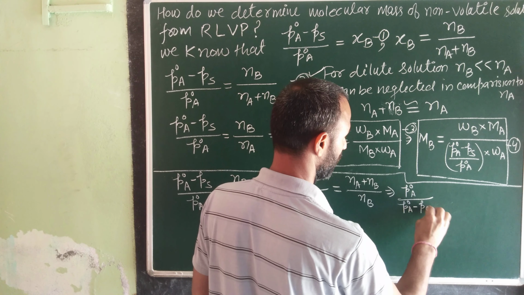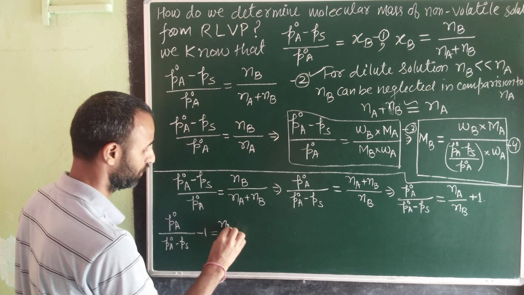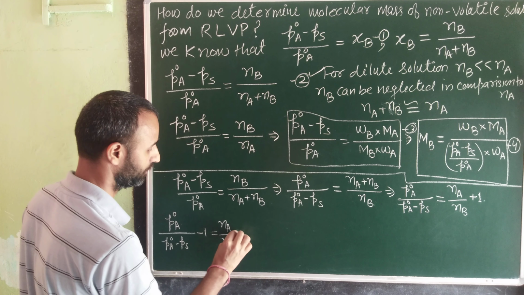Nb over Nb is 1. Now 1 take it on the other side. So it becomes P naught A over P naught A minus Ps minus 1 is equal to Na over Nb.